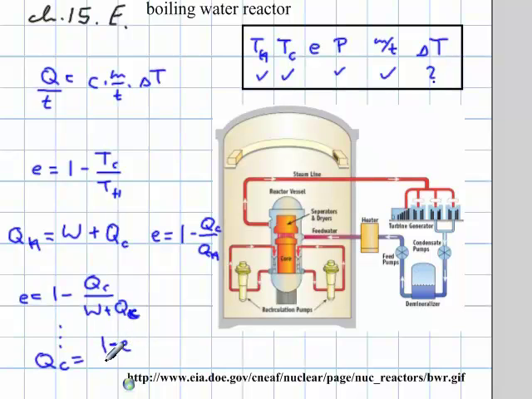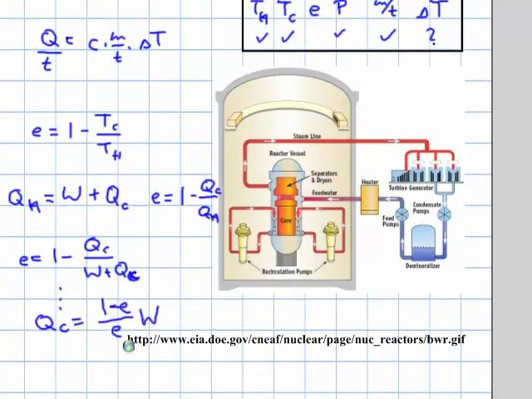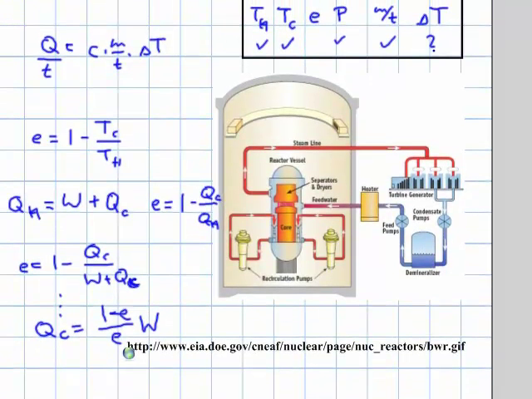QC equals 1 minus E divided by E times work. Now again, the work isn't actually given. What is given is the power output, but of course the power output is joules per second, and they tell us that it is 1.2 billion watts or joules per second.